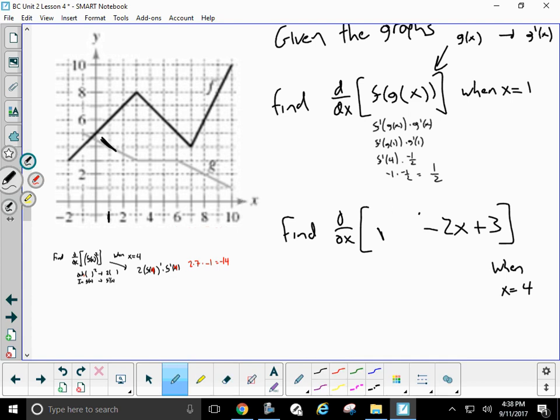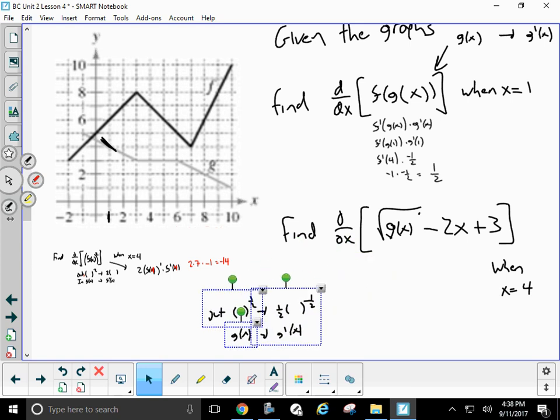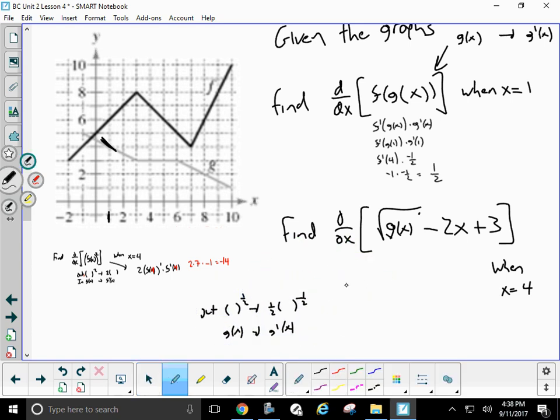That way we're comfortable with it. Okay, what is this derivative, root g of x? Well, the outside is the 1/2 power. The inside is the g of x. Taking the derivative of this, you need the 1/2 stuff to the negative 1/2 times the g prime of x. So crucial, so many students forget it. Do not forget it. These chain rule problems.